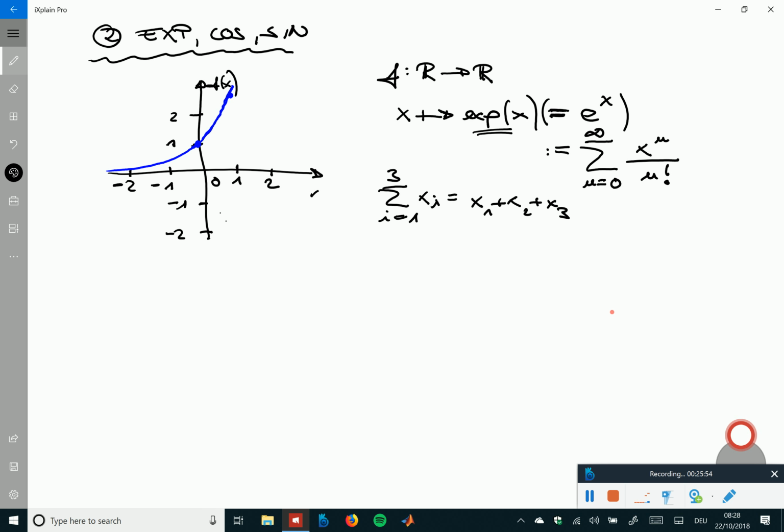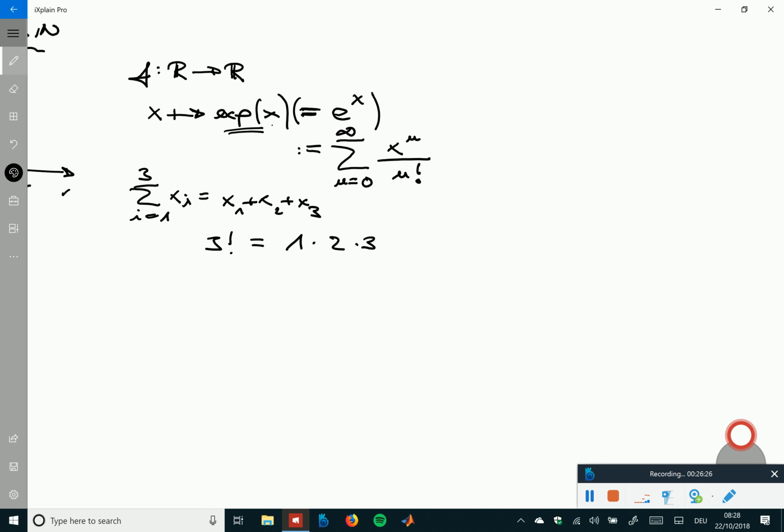And for each x that you put in, you have to sum up this x to the power of n divided by the factorial of n. So factorial of n, for example 3 factorial being 1 times 2 times 3. And evaluate this infinite sum then. So this is not a trivial thing, and of course you will not do that manually.